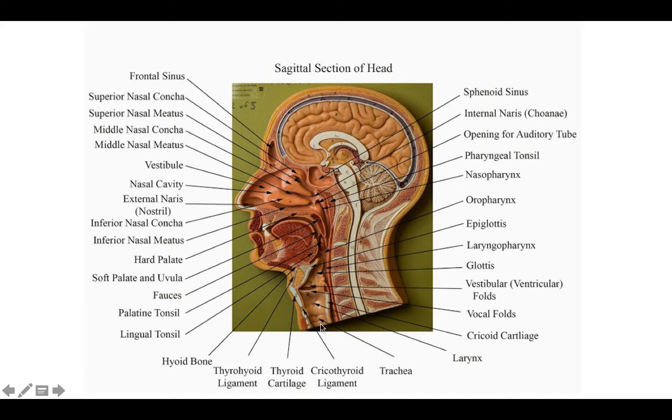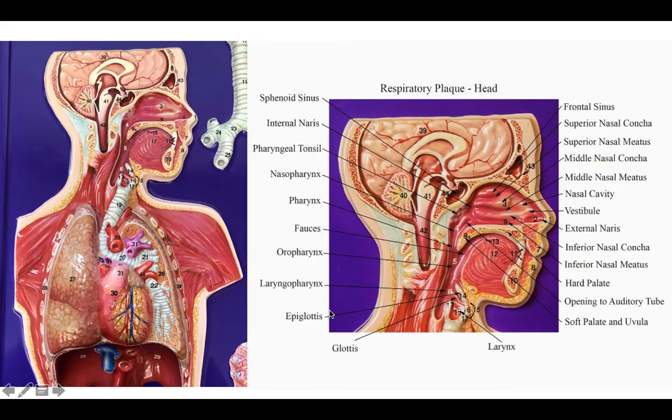So now the trachea is going to be the very beginning of the lower respiratory tract. This is going to be the mark of the lower respiratory tract from here on down. You can see the trachea here. And we're going to talk about how it moves down and branches even further into the bronchial tree of the lungs.